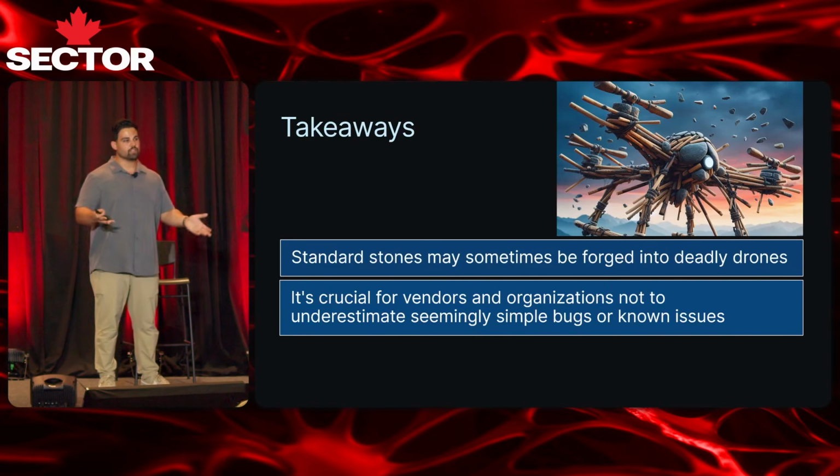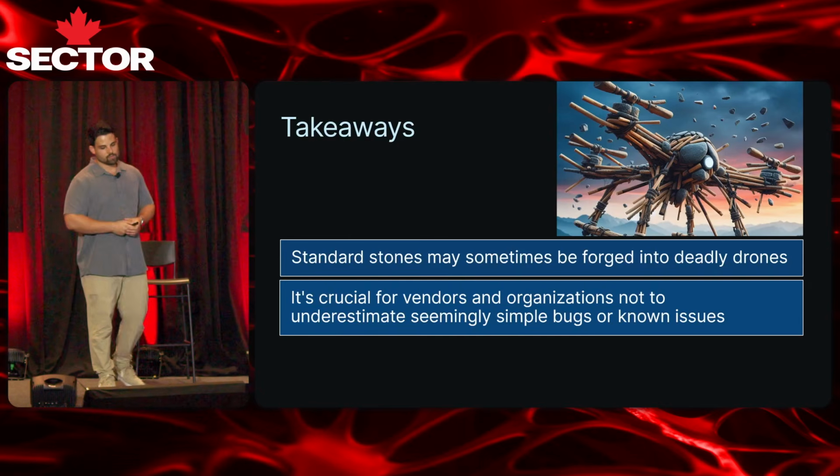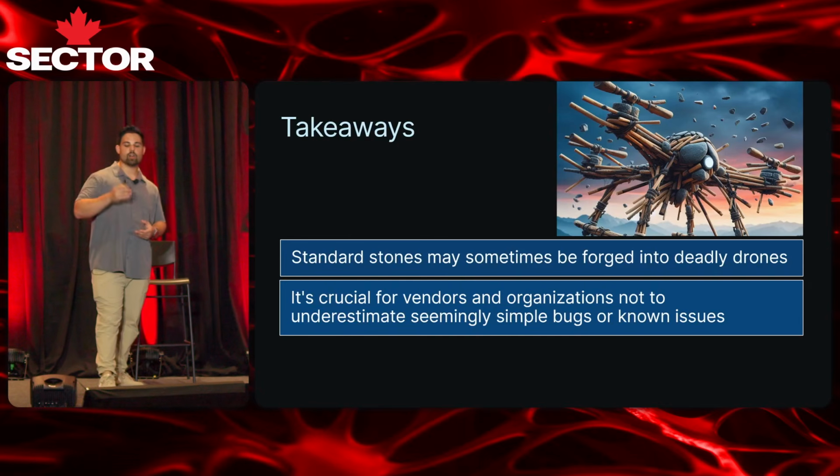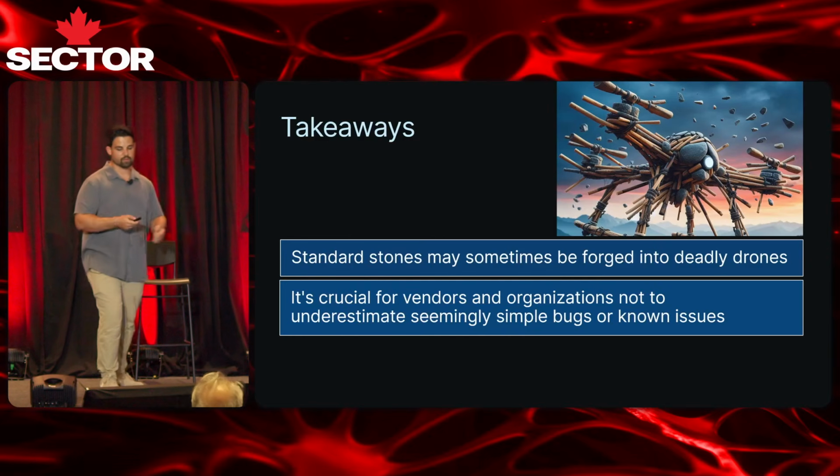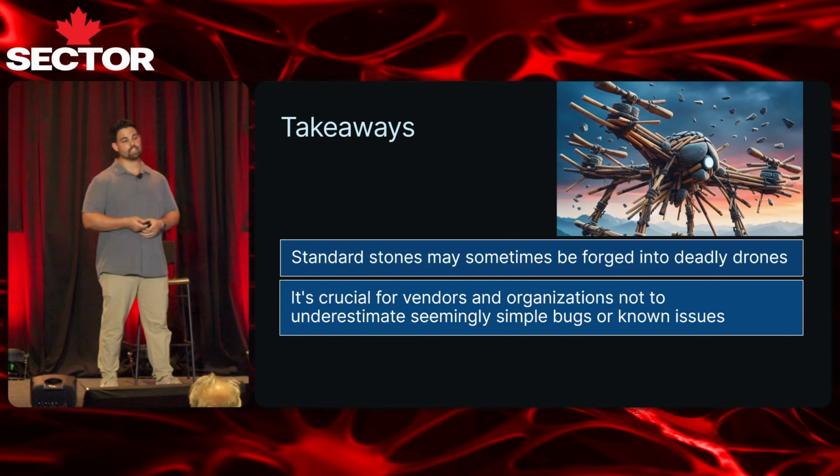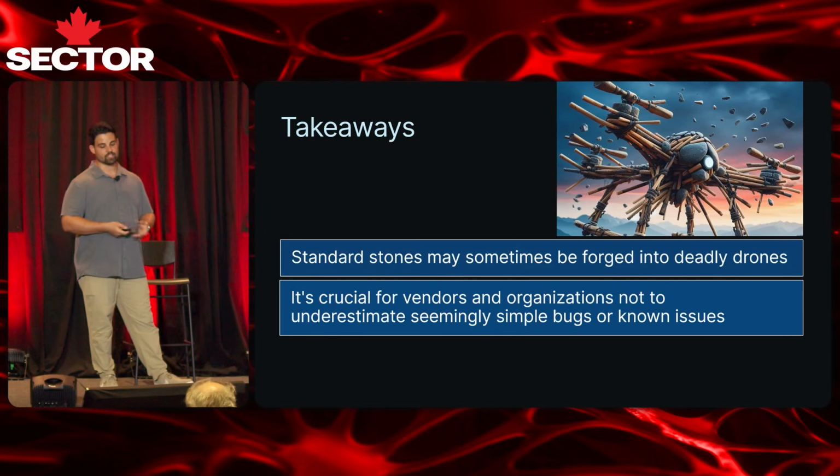The next takeaway shifts to the defensive side. Many products leave known issues and bugs unfixed due to prioritization. Often these issues seem to pose minor security risks or no security risks, and they do not require immediate attention.